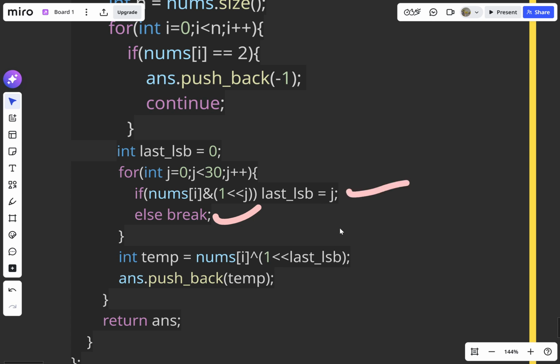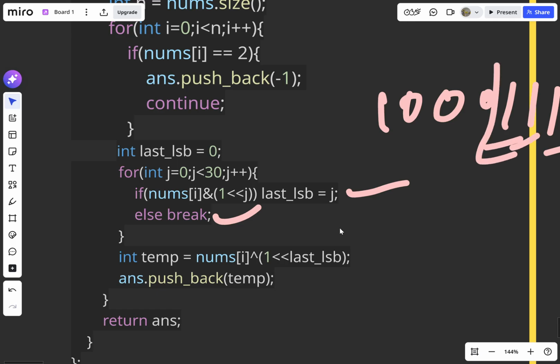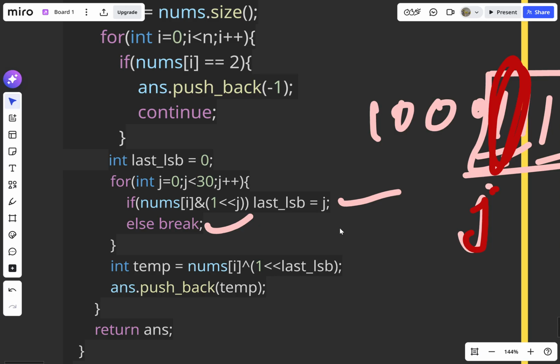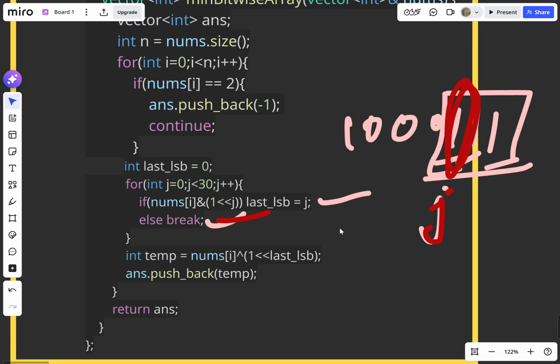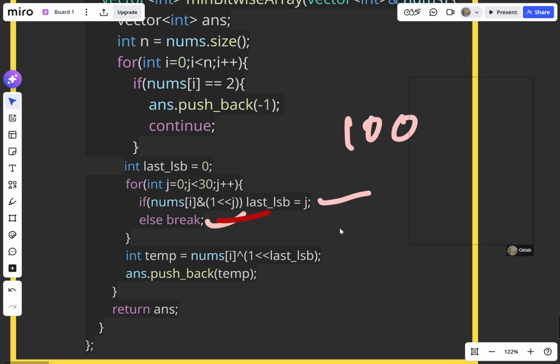Otherwise, if all are set bits, like in this representation, this is also a set bit, this is also a set bit, so the final j-th value will be this. This will be the j-th index. If we have a 0 here, we will break, and after that we will change that 0 like this.